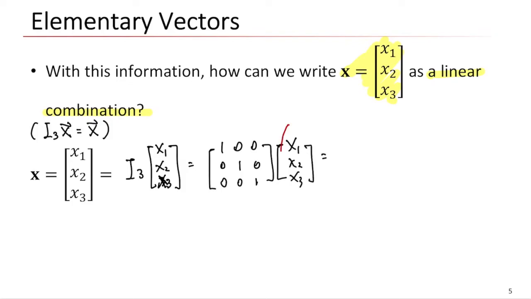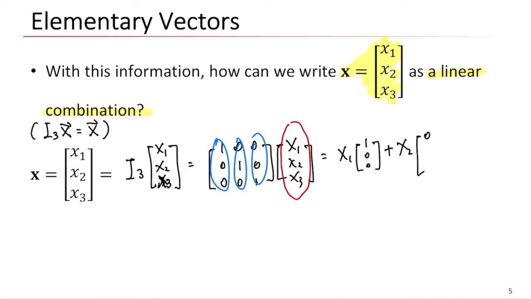With the entries of this vector as coefficients of the column vectors, we can represent it as x1 times the first column, x2 times the second column, and x3 times the third column.